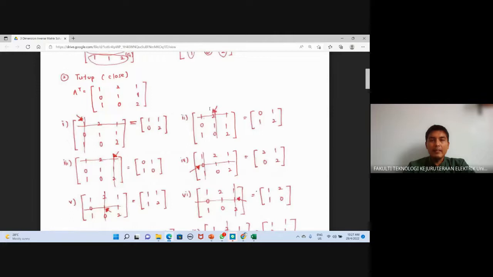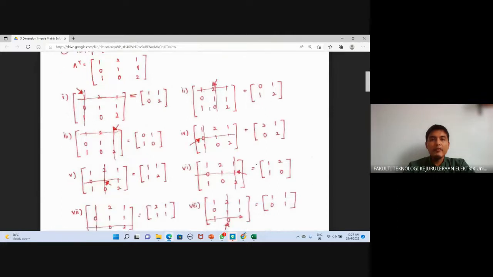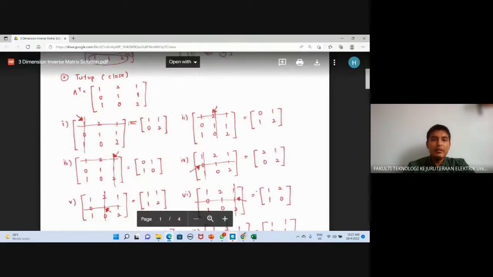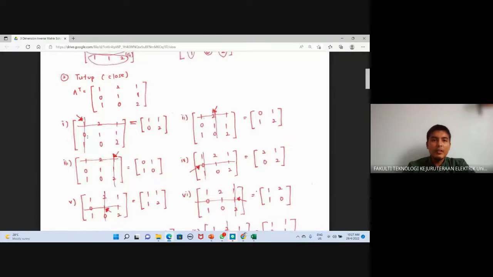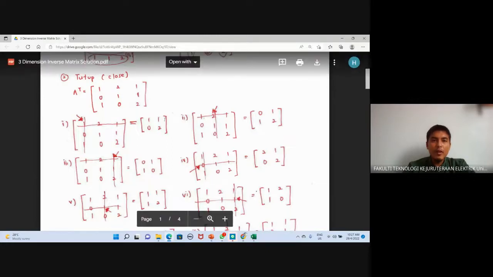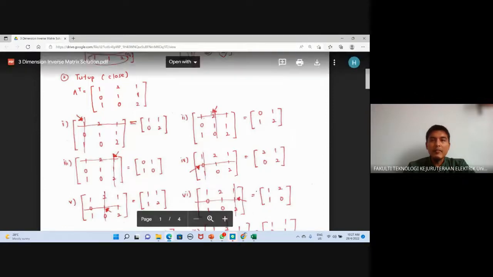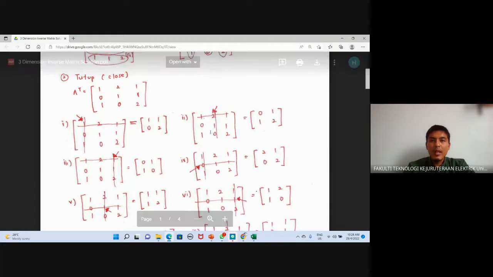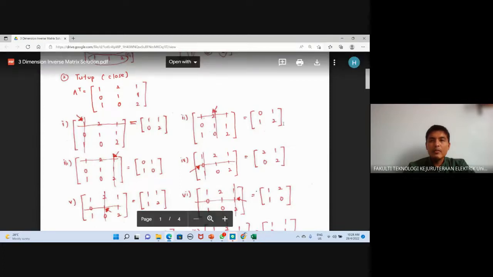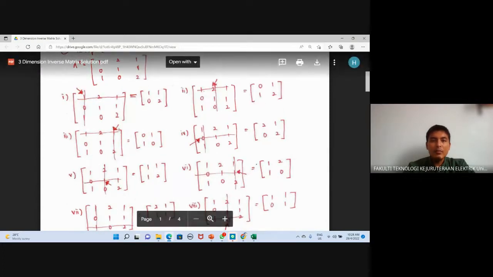After that, you need to tutup. Tutup 1, you get 1, 1, 0, 2. This is the remainder of the values. After that, you need to tutup 2, and then 0, 1, 1, 2. And then you need to tutup this part.